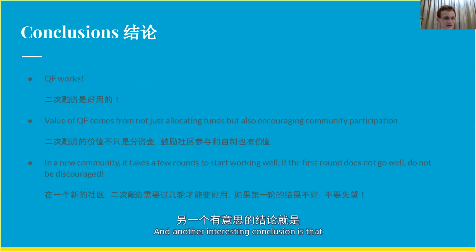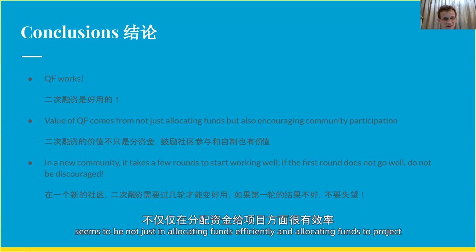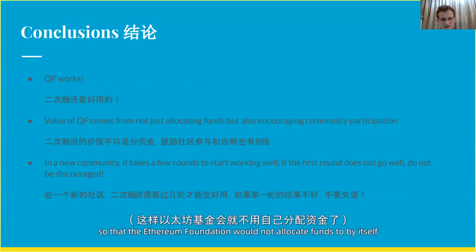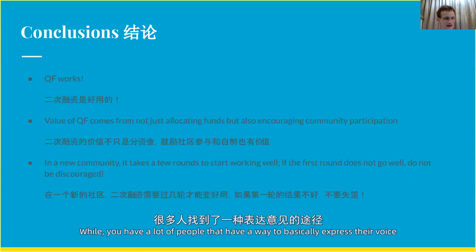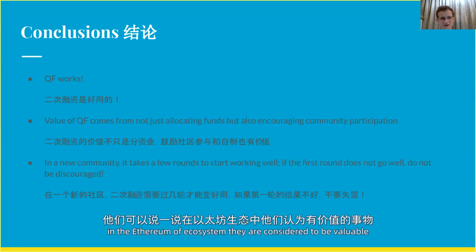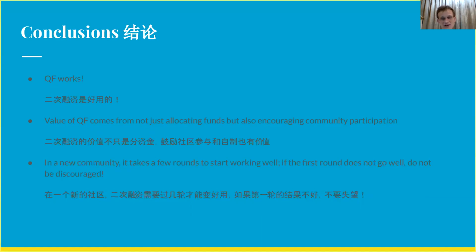Another interesting conclusion is that the value of quadratic funding seems to be not just in allocating funds efficiently and allocating funds to projects that the Ethereum Foundation would not allocate funds to by itself, but also in creating this culture of open and democratic community participation, where a lot of people have a way to express their voice in terms of what things in the Ethereum ecosystem they consider to be valuable.